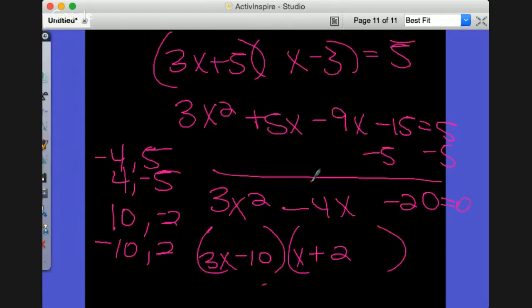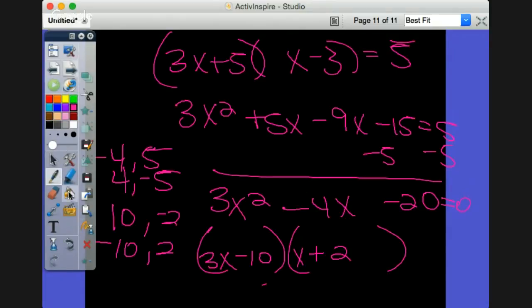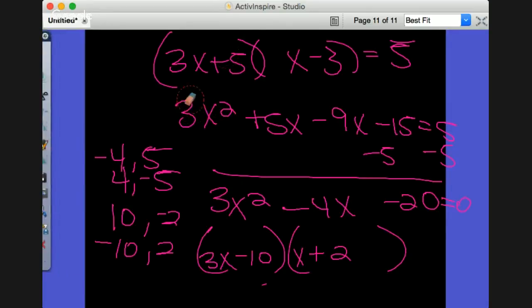If you're confused on that, -10 times x is -10x. 2 times 3x is 6x. 6x minus 10x gets me -4x. That's just the way that I think through it. How many of you do the A times C method? Good. That's perfect. I'm okay with that. Then your answers would be x equals 10 over 3 and then -2?